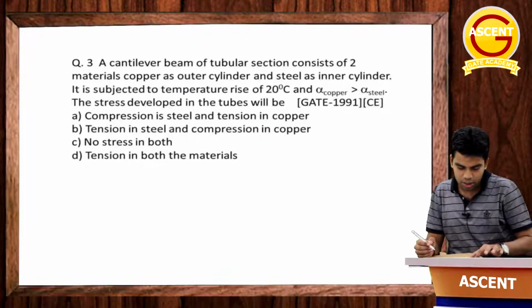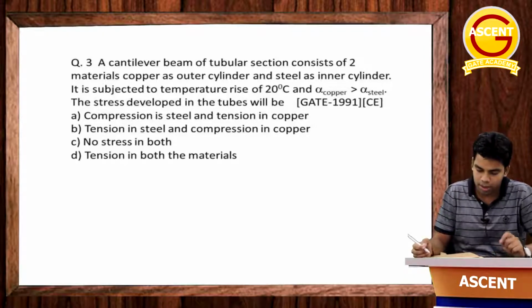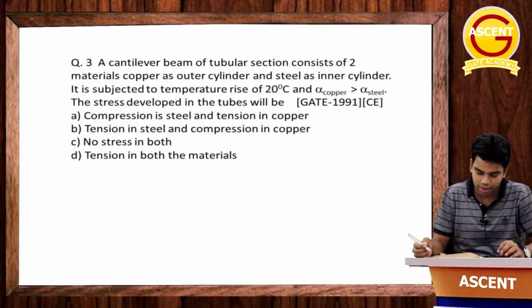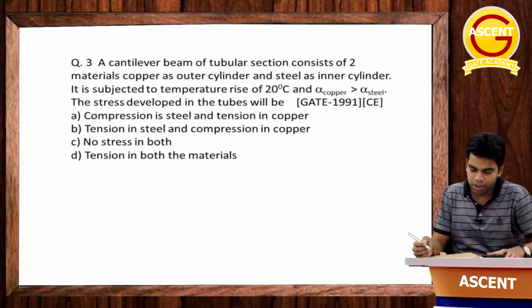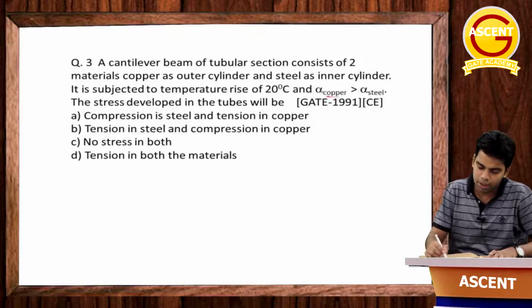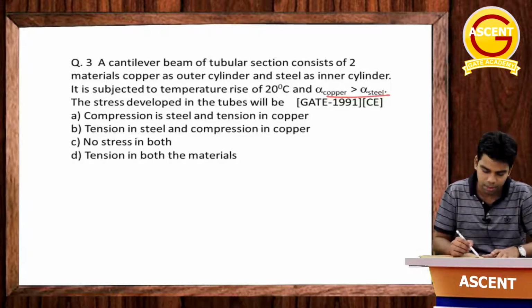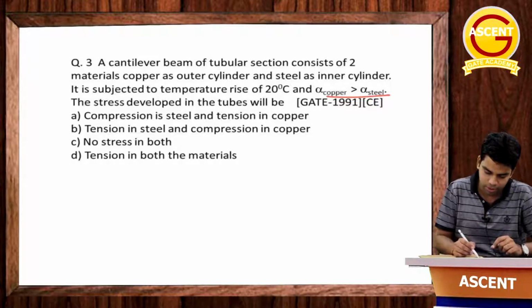Now, the next question says a cantilever beam of tubular section consists of two materials, copper as the outer cylinder and steel as the inner cylinder. It is subjected to a temperature rise of 20 degrees centigrade and alpha of copper is greater than alpha of steel. The stress developed in the tubes will be? So we have a cantilever tubular section.